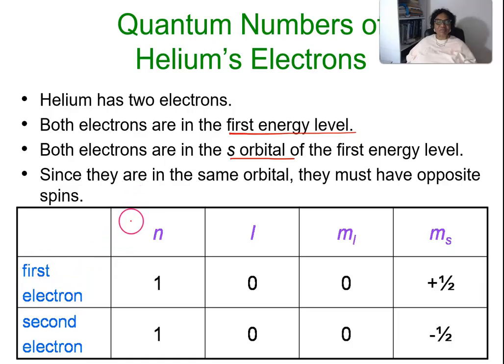So the first electron: n is 1, L is 0, ml is 0, ms is plus half. Second electron: n is 1, L is 0, ml is 0, ms is minus half. So those are the quantum numbers for helium electrons.